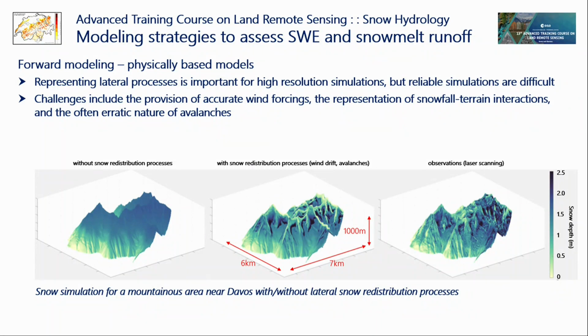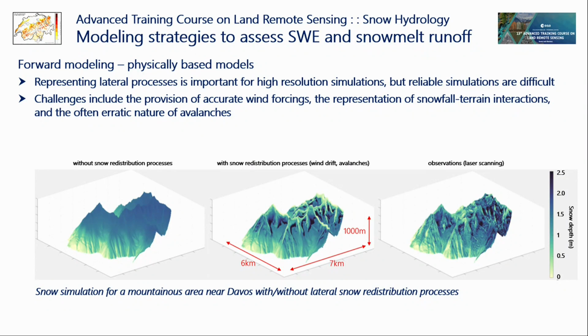And all of a sudden, the same model turns into something that's pretty comparable to a laser scan observation of the exact same mountain range. Both are, I think, at 100-meter resolution over a 42 square kilometer catchment not so far away from Davos. So be aware that a model that looks great from a station perspective may actually look like this if you compare it to something like that. And then maybe the model is not as great as it could be.